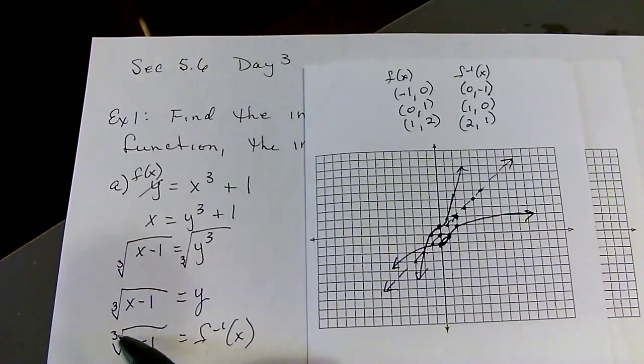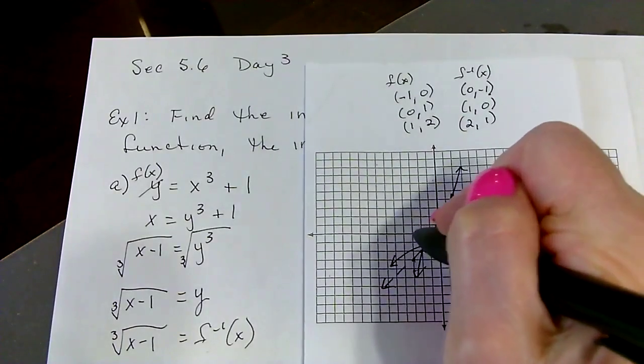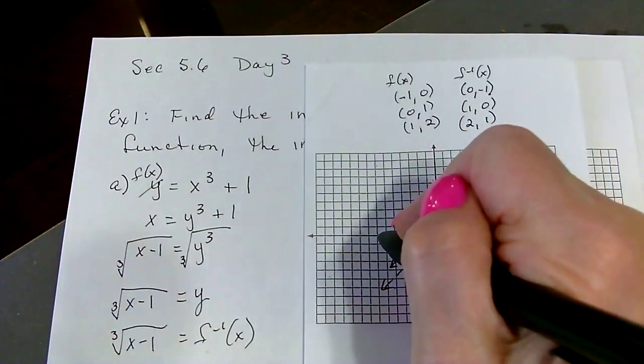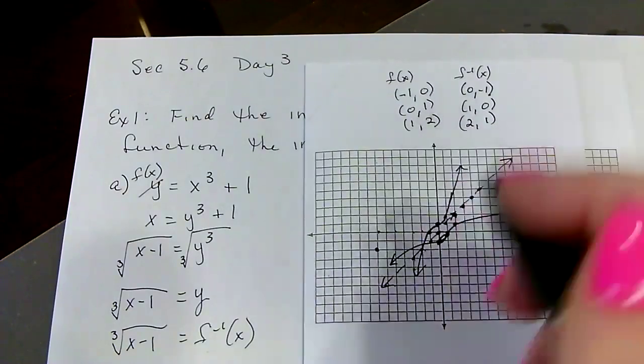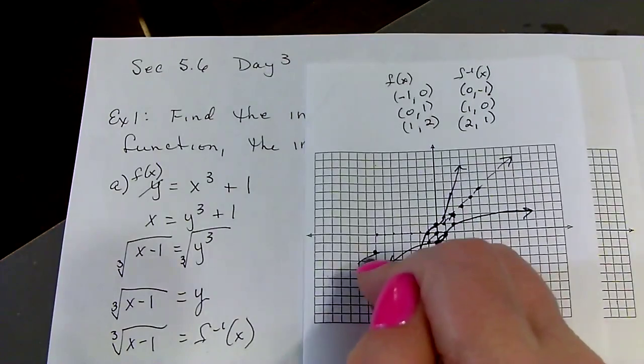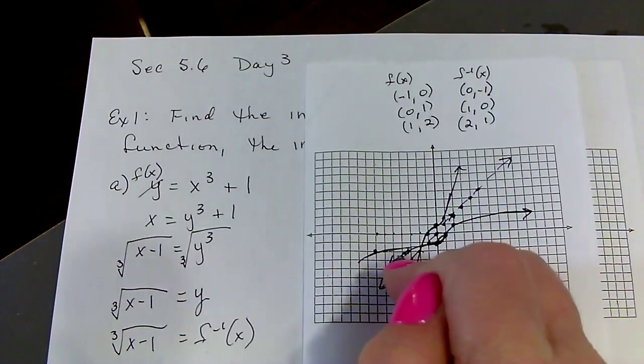And if I do the cube root of -8, it should be a -2. So if I come over here to -1, 2, 3, 4, 5, 6, 7, when x is -7, y should be -2. So my graph needs to go more like that. And I'll get rid of that guy.